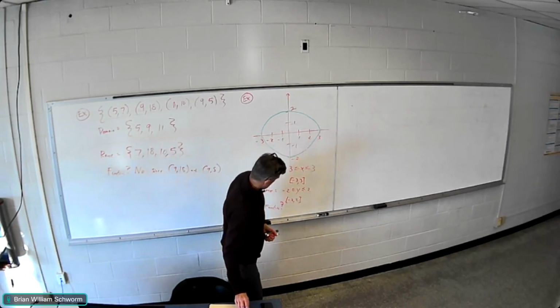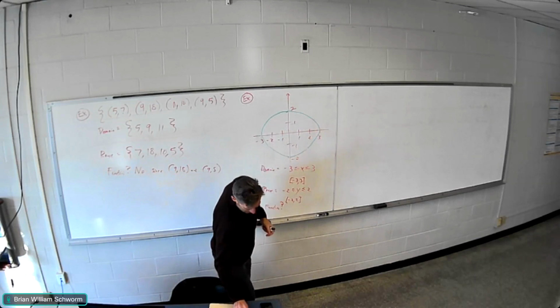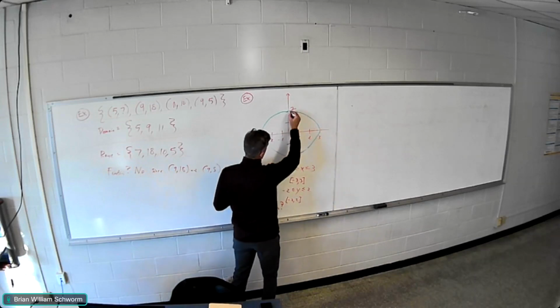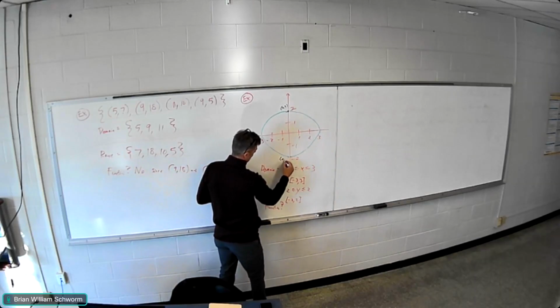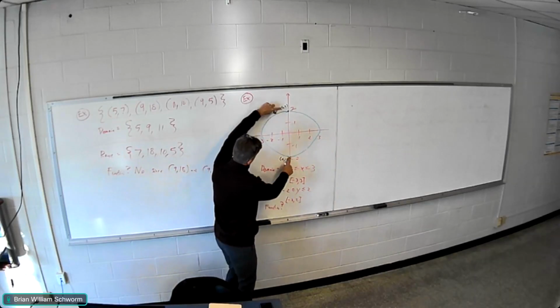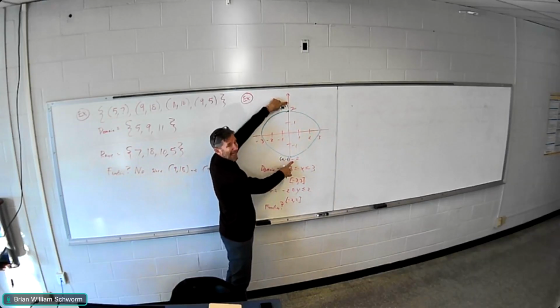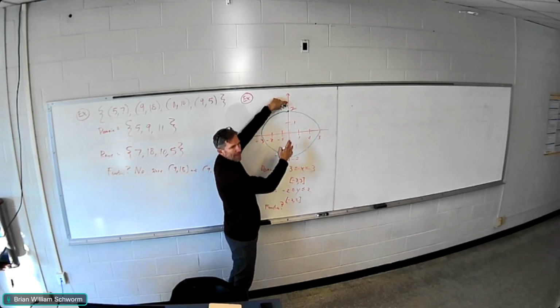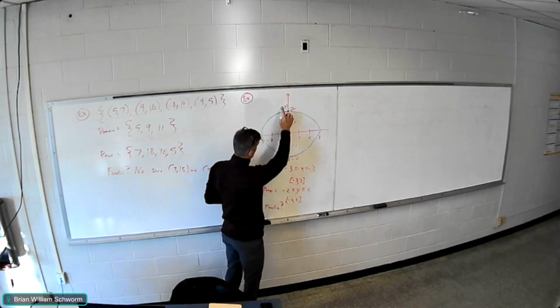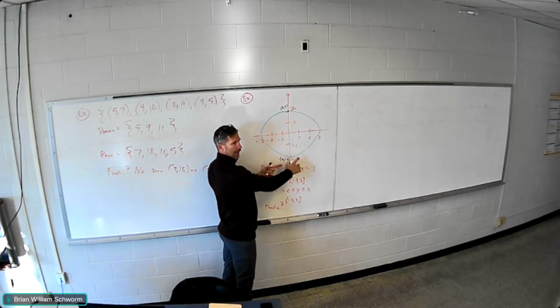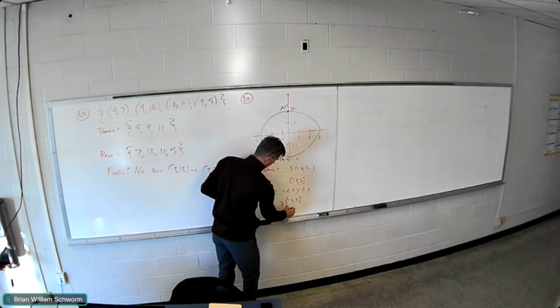An easy one to see would be this right here. That right there is 0, 2. That right there is 0, -2. I've got the number 0 as an x value related to 2 and to -2. That right there is enough to say no, it's not a function, because it only takes one x value related to 2 different values. So no, it's not a function.